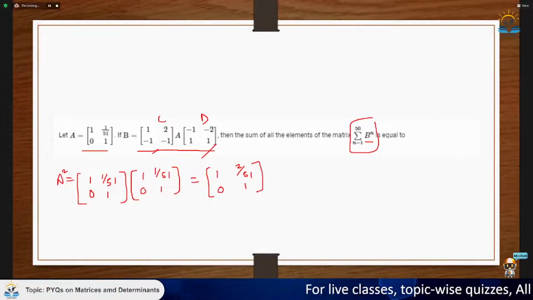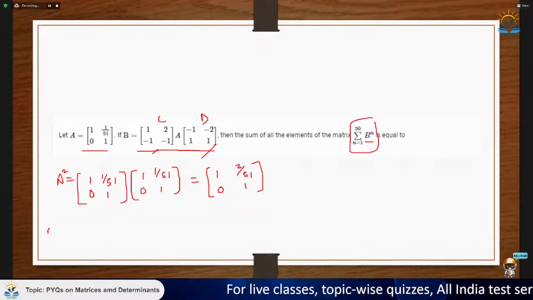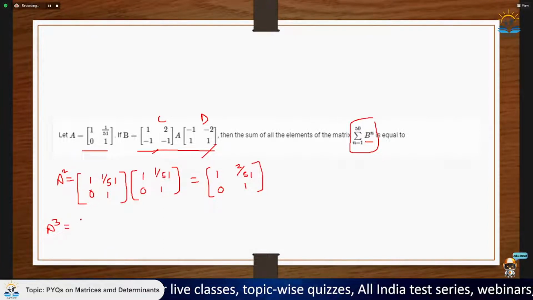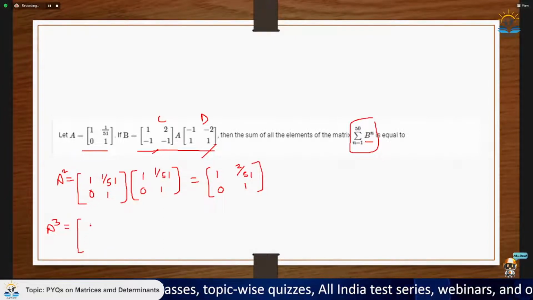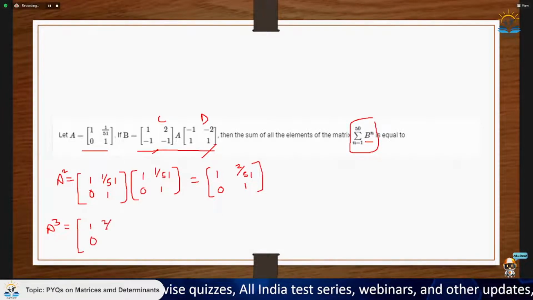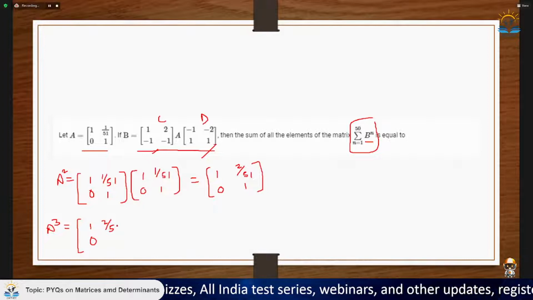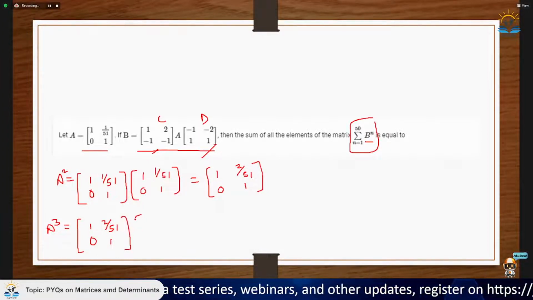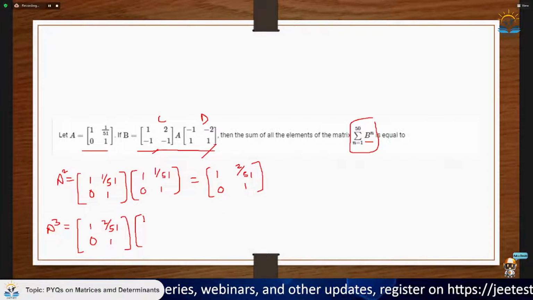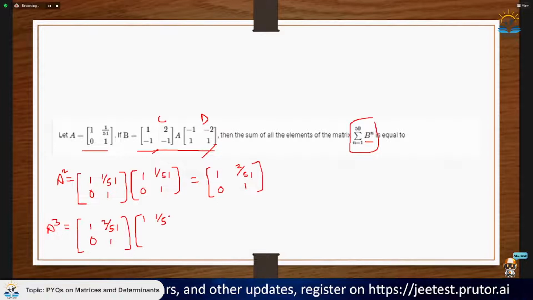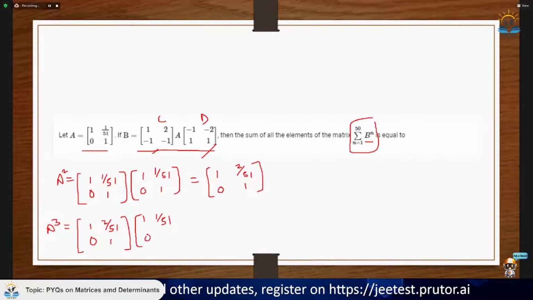Okay, I guess you must have recognized the pattern, but for clarity, let's calculate A cube also. So A cube is nothing but A square into A. So first write A square, which is [1 2/51; 0 1], and now multiply with A, which is [1 1/51; 0 1].